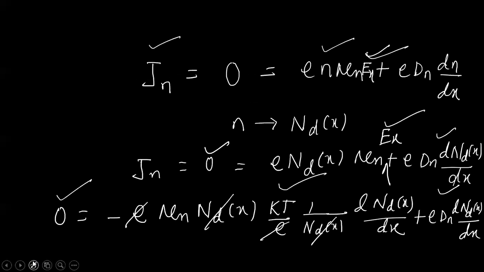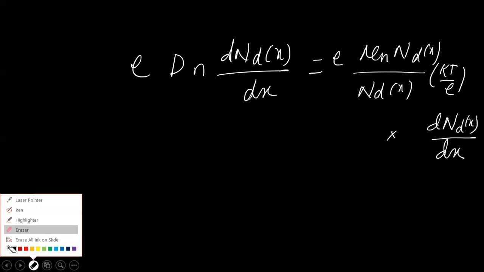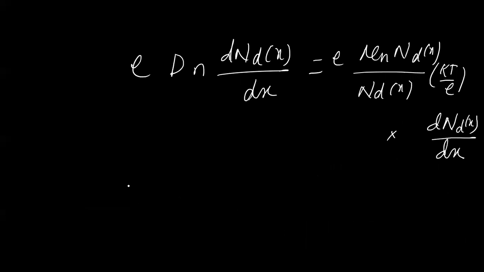Let me equate it and then cancel. Taking this to the other side, you can see N_d(x) got cancelled, e got cancelled, and dN_d/dx from both sides cancels.